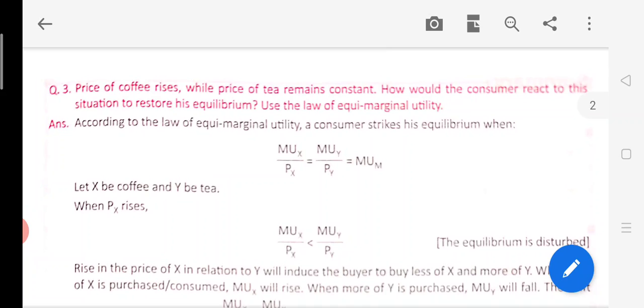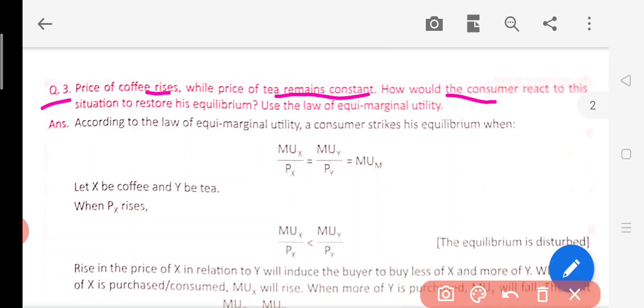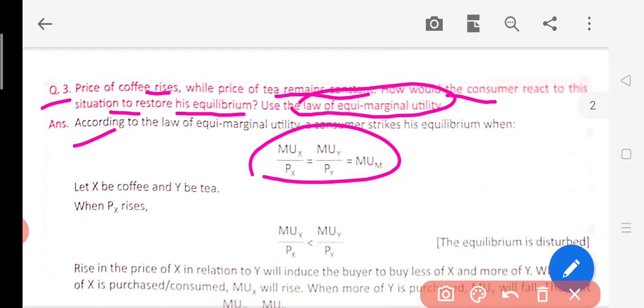Now the next question: the price of coffee rises while the price of tea remains constant. How would the consumer react to this situation to restore his equilibrium? Use the law of equimarginal utility for the two commodity case. So according to the law of equimarginal utility, this is the condition: MUX upon PX is equal to MUY upon PY is equal to MUM.